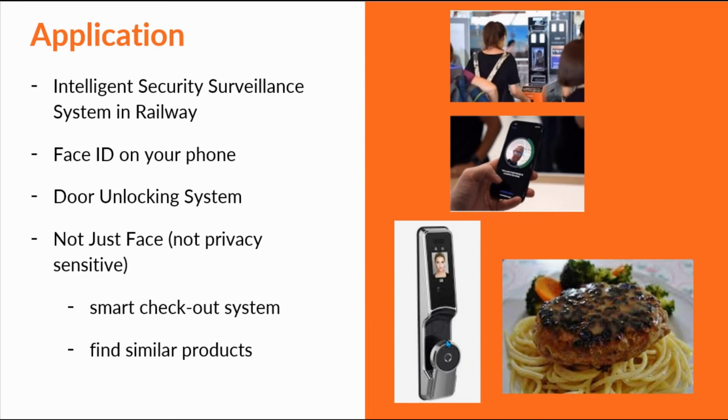The system uses a similar algorithm as face recognition, because it needs to recognize the dishes. So here we have a steak, some spaghetti, and some broccoli. So we have three dishes. How much are we going to pay?